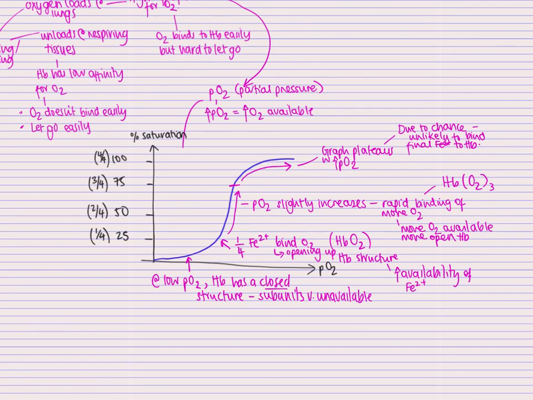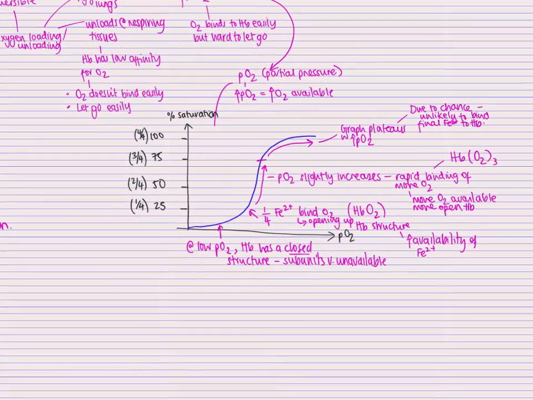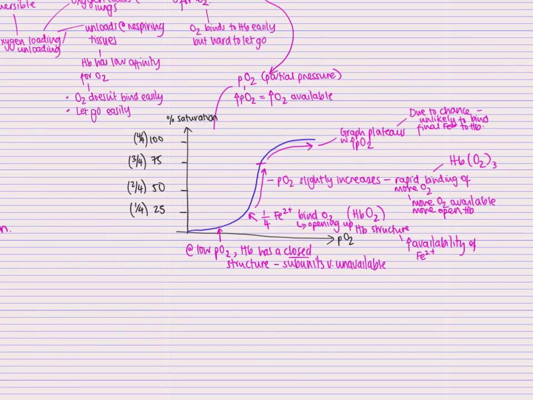Okay. Now, when we're seeing this graph, we also know that different species are going to have different shapes and locations of the curve on the graph. So we're just going to add a couple of annotations. If, and I'm going to put it up here, if the curve shifts left, the hemoglobin has a higher affinity for oxygen.